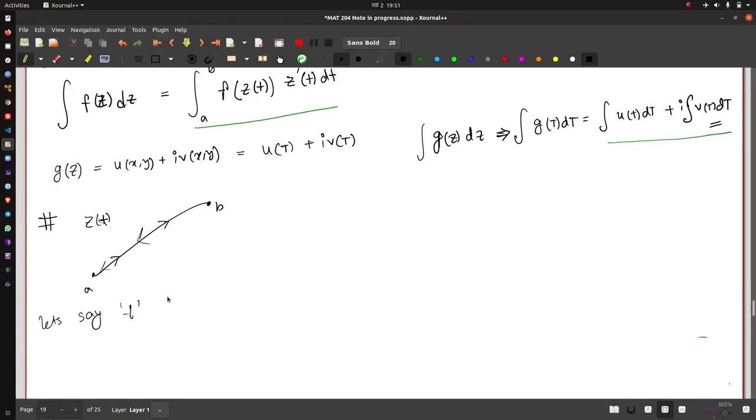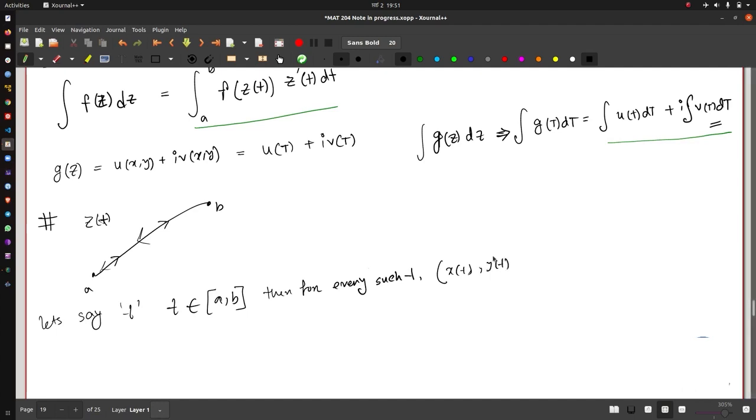This is our parameter t, and this t belongs to some closed interval a to b. Then for every such t that is between a and b, we will have a pair of points denoted like this: x of t, y of t.